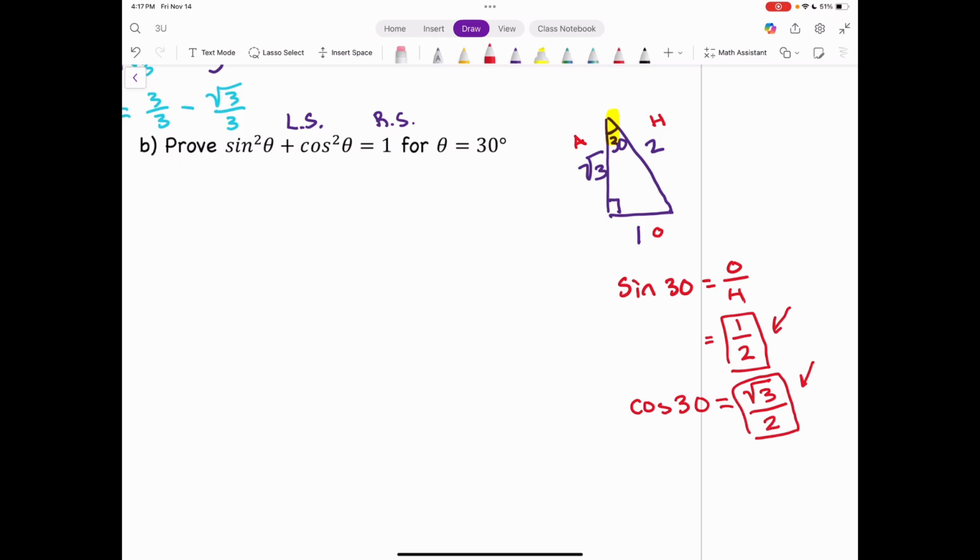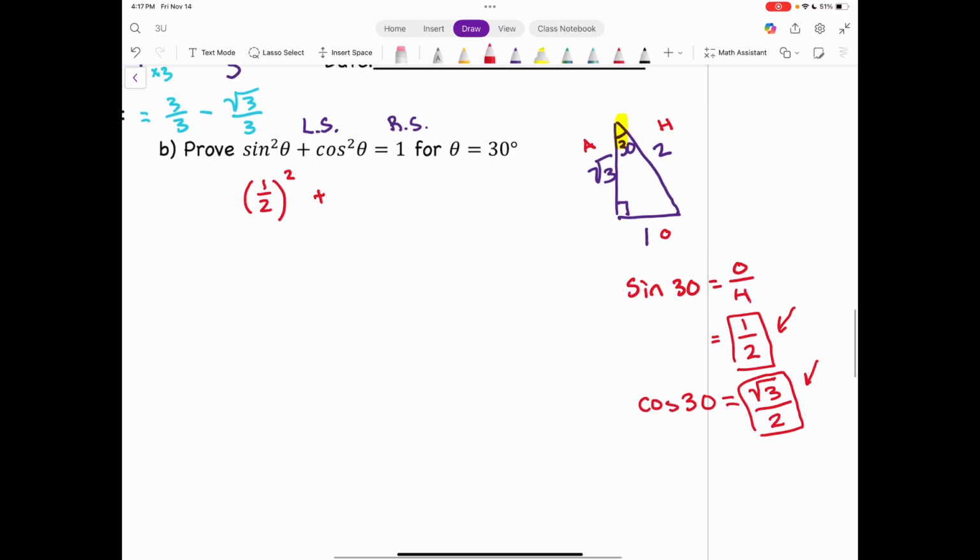But we can see from the question that it's sine squared and cosine squared. So all we have to do in that case is write sine at 30, which we figured out is 1 over 2, and we're going to square it. Same thing with cosine at 30, which we figured out is the square root of 3 over 2. We're going to square it. And we're going to prove how that equals 1.